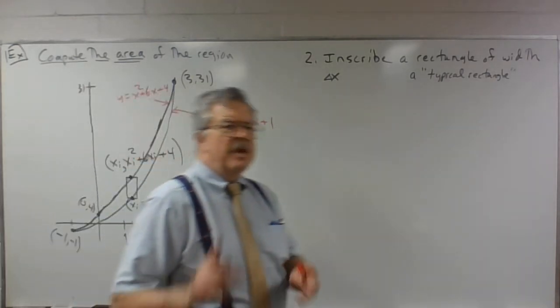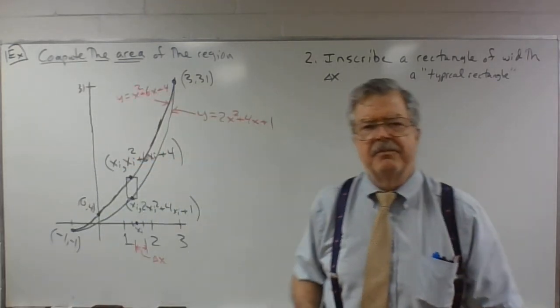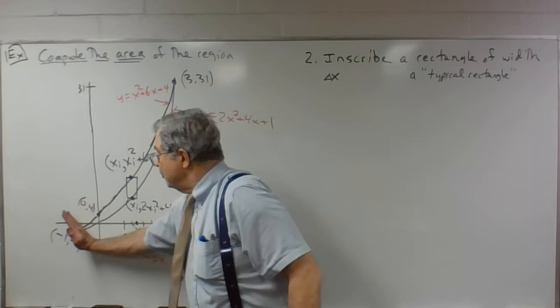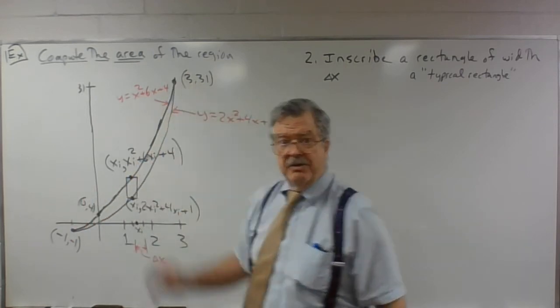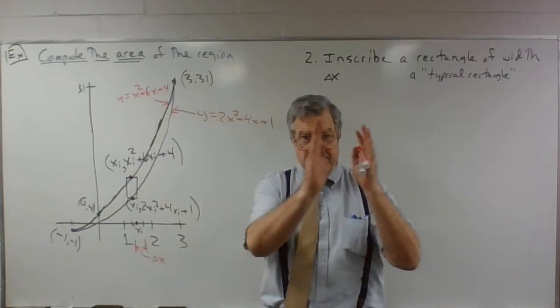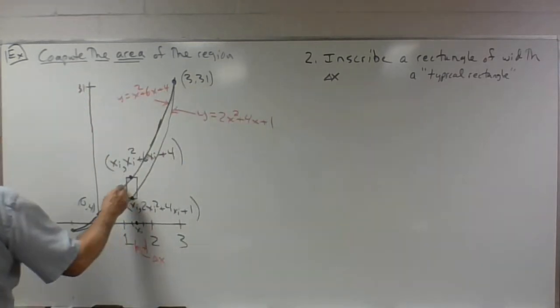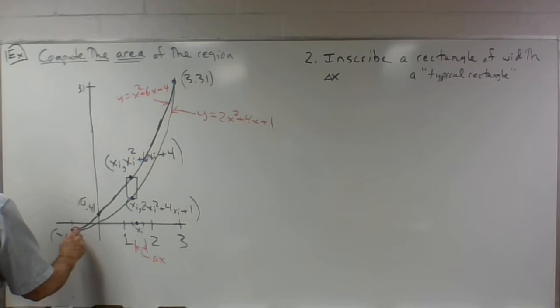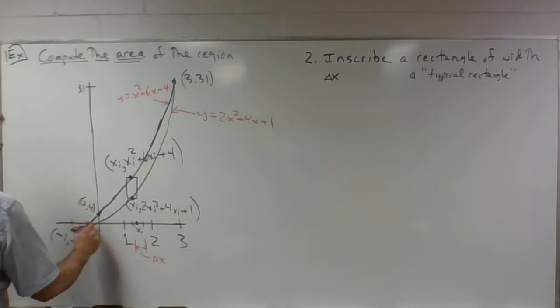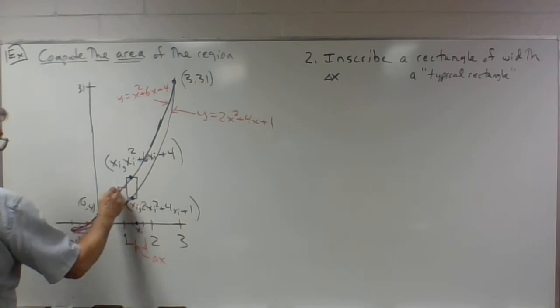And notice something. We only draw one rectangle, but this whole region is going to be filled with rectangles stacked side by side. So we'll have a rectangle here, and a rectangle here, rectangle here, and so forth.